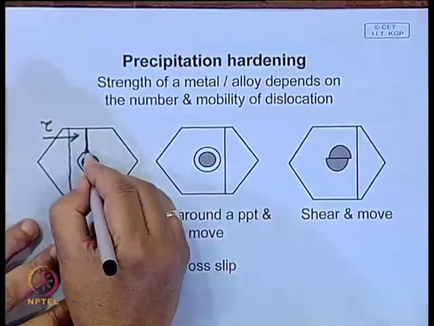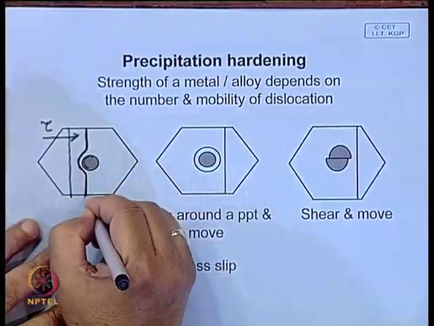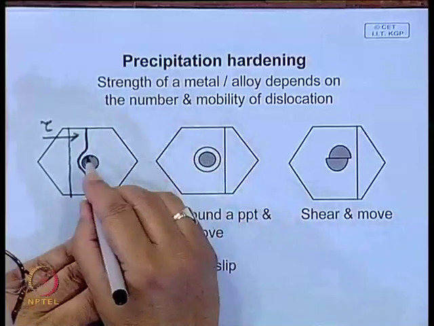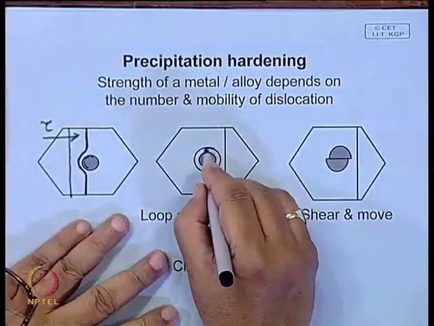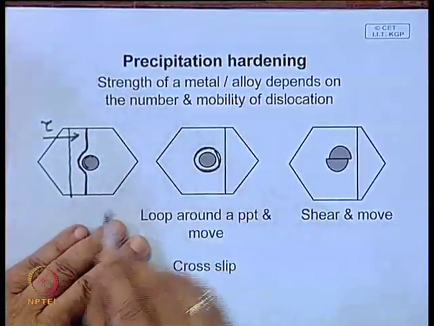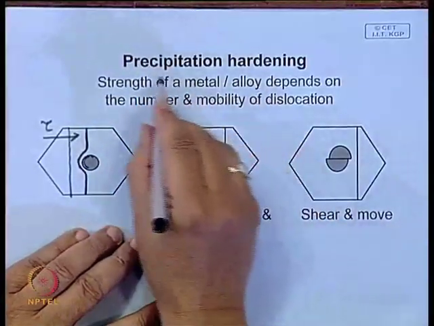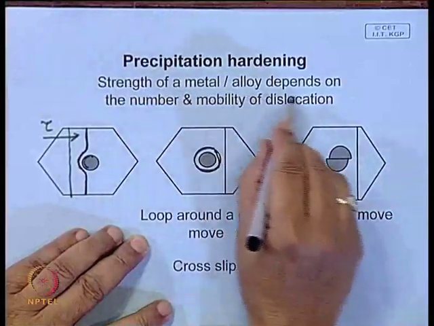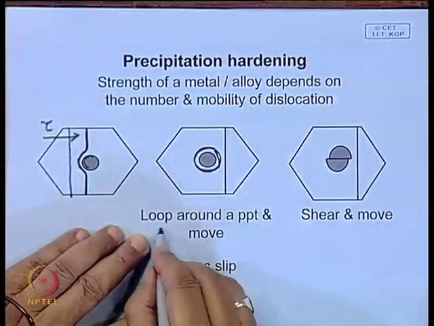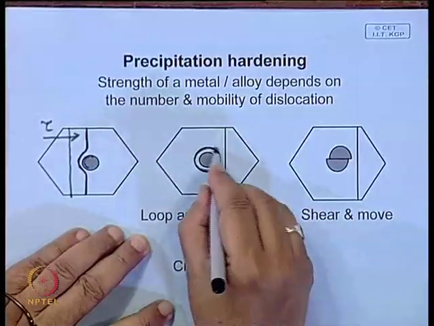When it comes near, it becomes bent, and one possibility is it can cross this and leave behind a loop. So, one mechanism of dislocation movement in a precipitate containing alloy is looping around a precipitate.